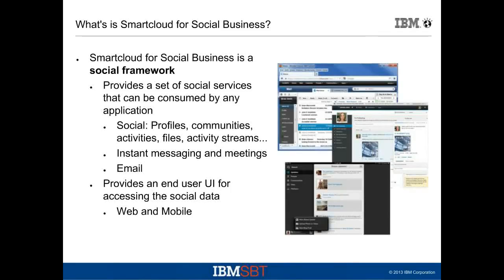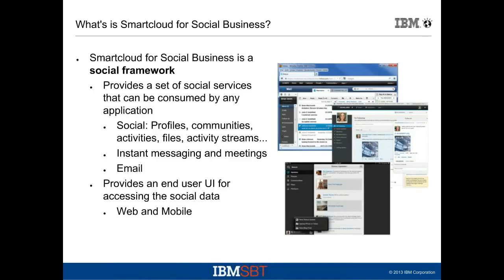So what is SmartCloud for social business? We can really see SmartCloud for social business as a social framework. And this social framework has two big sets of features. The first one is what the end users are seeing when they connect to the platform through their web browser or through their mobile devices. This is a set of applications that are ready to use.